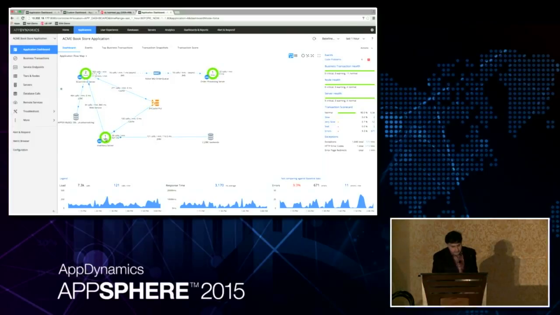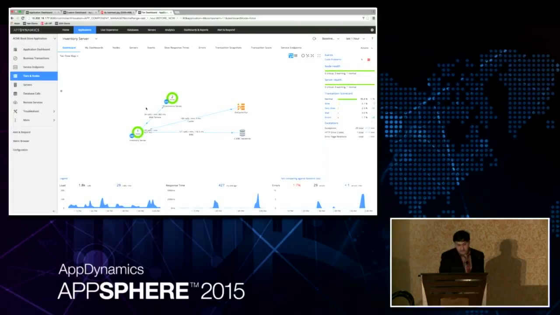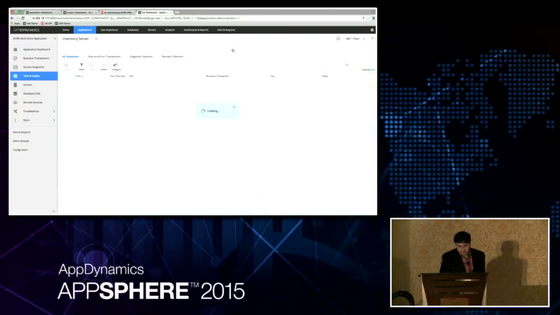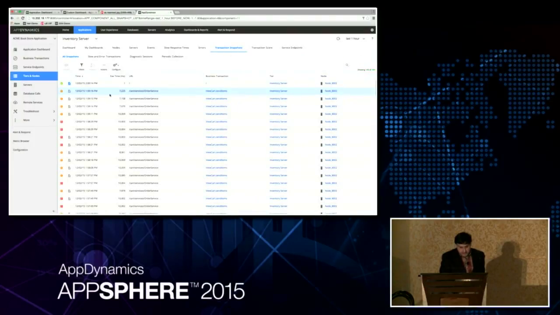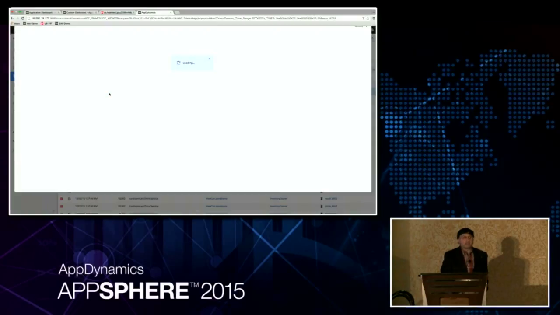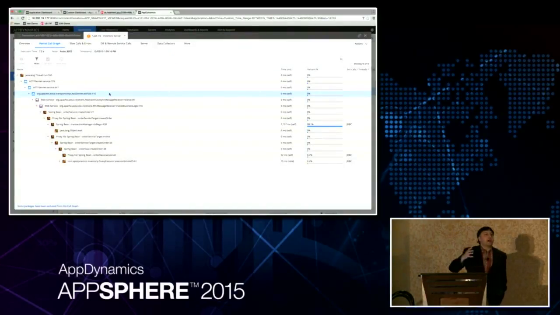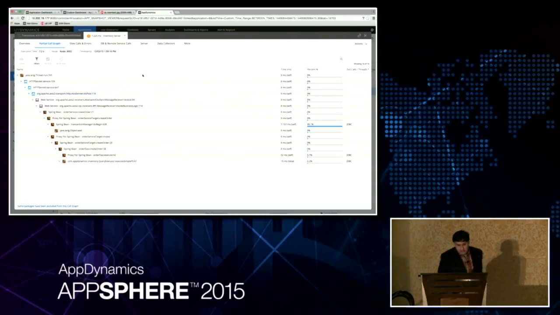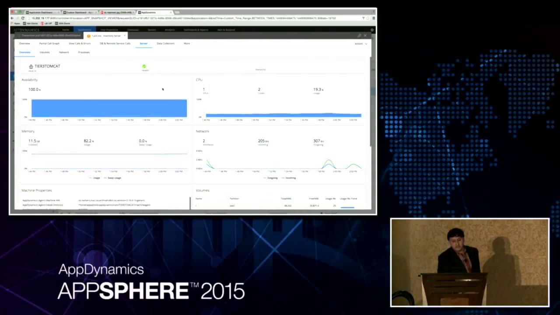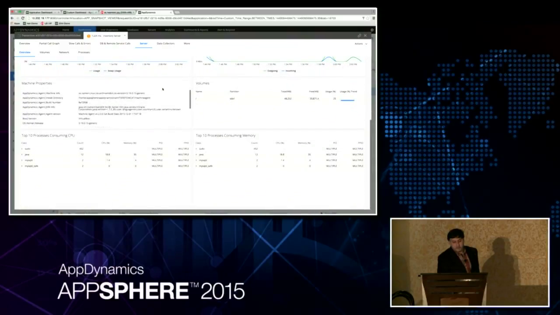Since I think my problem is in the inventory server and the CPU is spiking, I go in and look at transaction snapshots for the inventory server. Let's say I pick one of these. This is an imaginary scenario where an antivirus or an IDP is consuming too much CPU. We have now added a new tab in the snapshots which provides you full server-level metrics, including all processes that are consuming resources on that server.